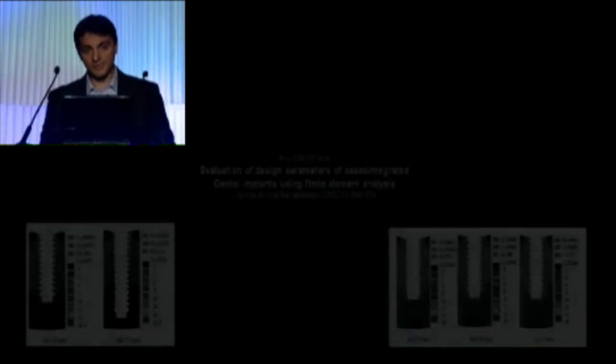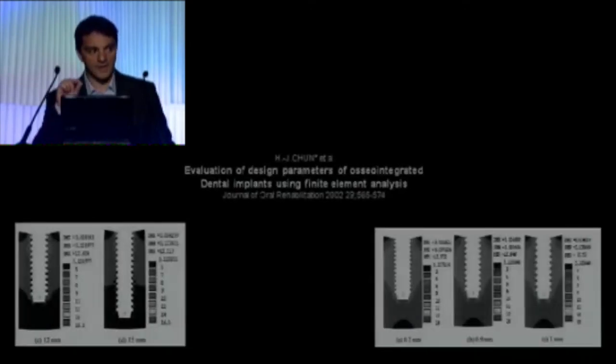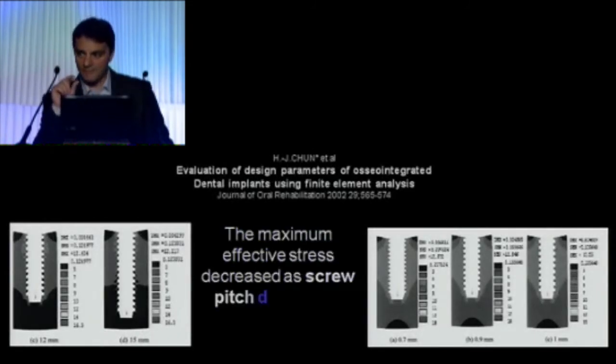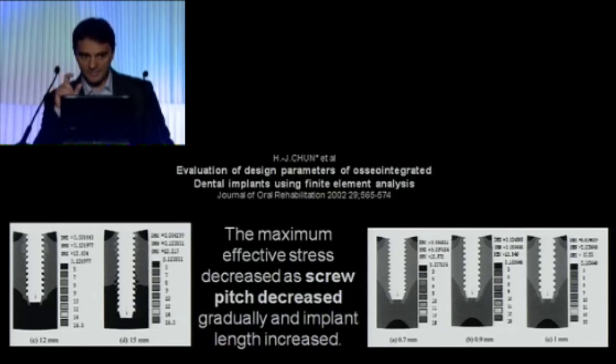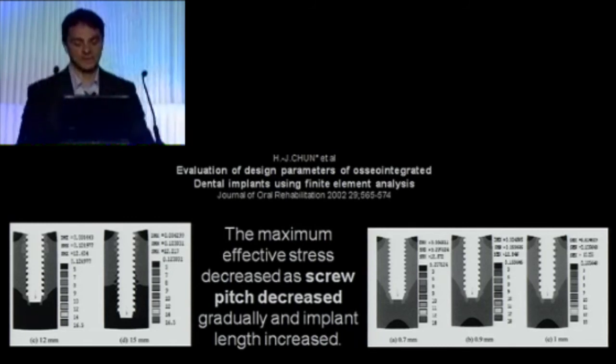Now, another important piece of information to me is how many threads we need to have in one implant. Is it better to have large, big threads, few, or is it better to have many small threads with a small pitch? You know, this makes a difference in the implants we can find on the market.